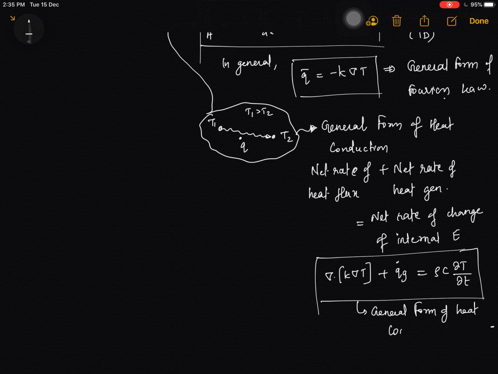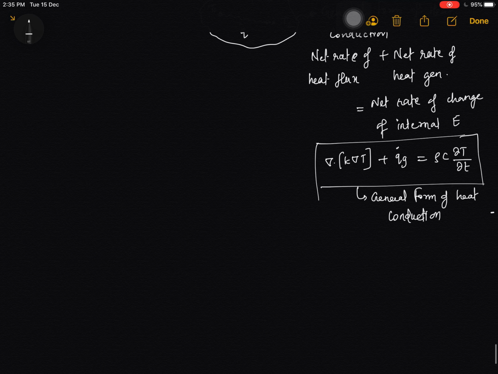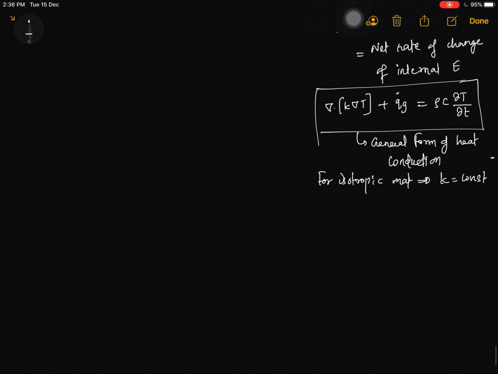General form of heat conduction. Okay, so next, for isotropic material, this K will be constant in every direction.